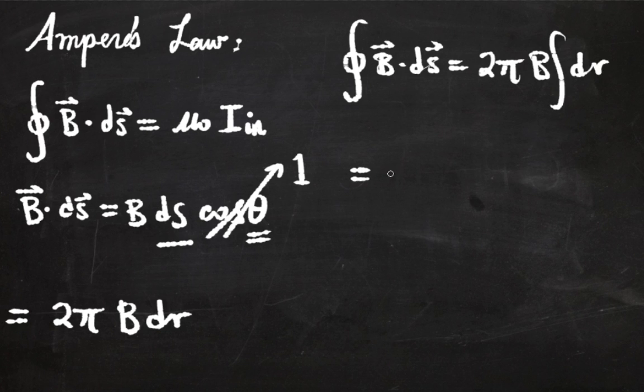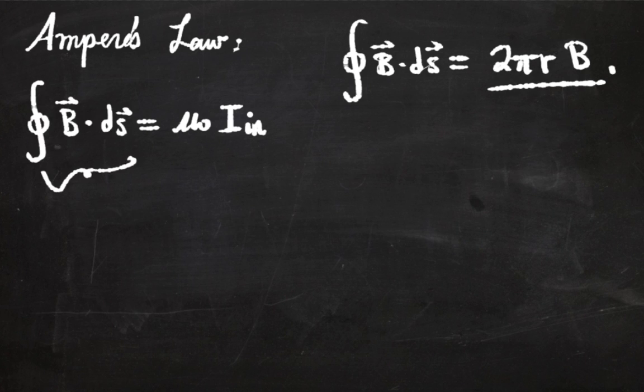The integral then becomes 2 pi B times the integral of dr, and that is simply 2 pi r times B. This is hardly surprising because 2 pi r is the length of S, and that's just multiplied by the magnitude of the B field. It's very analogous to whenever we worked out Gauss's law over the sphere and got the surface area of the sphere times the E field.